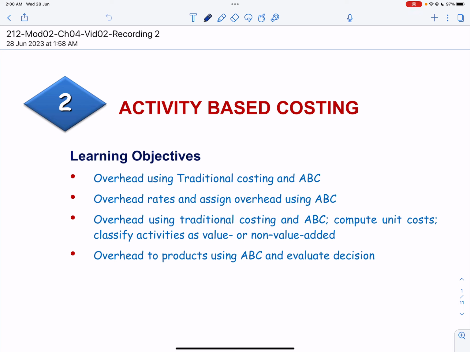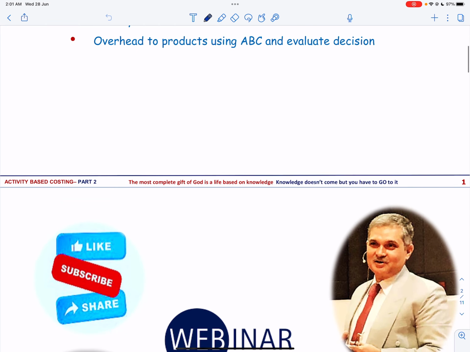We will also explain how to assign overhead using traditional costing and activity-based costing, compute unit cost, and classify activities as value or non-value added, and finally explain how to assign overhead to products using activity-based costing and evaluate decision.